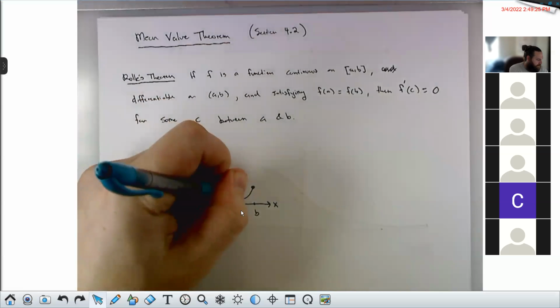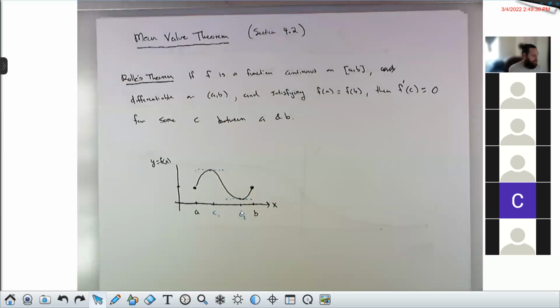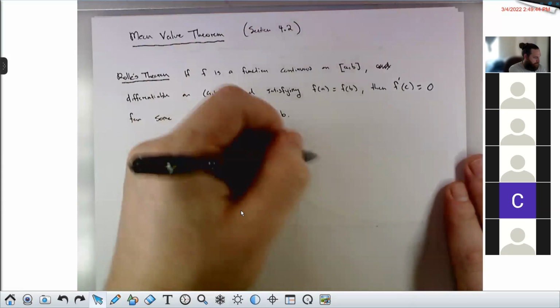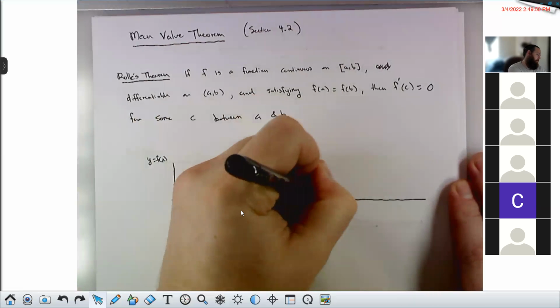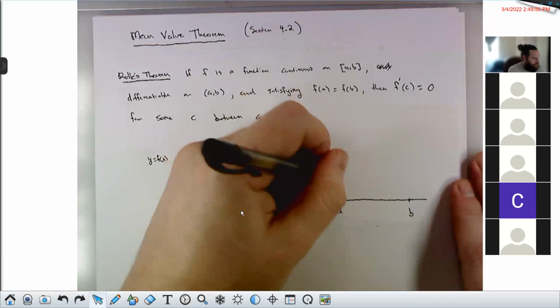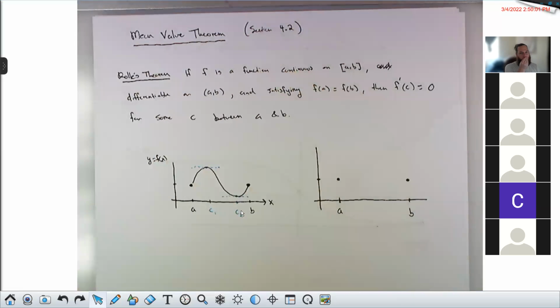where the tangent is horizontal. And the fun game to ask yourself is, how can I mess this up? If I relax the requirement that f be differentiable, is the theorem still true? So let's see, can I draw a curve that is continuous, but not differentiable, connecting those 2 points without a horizontal tangent?